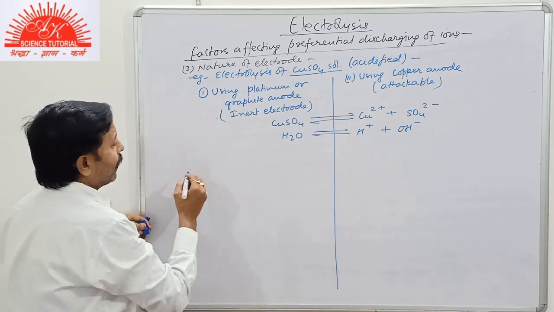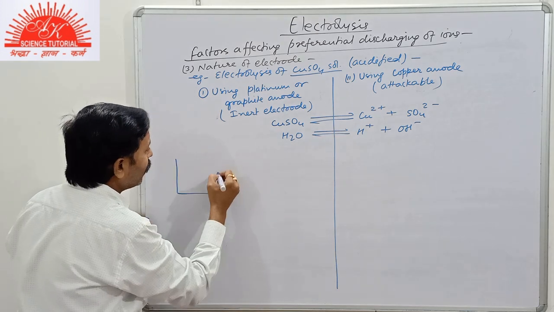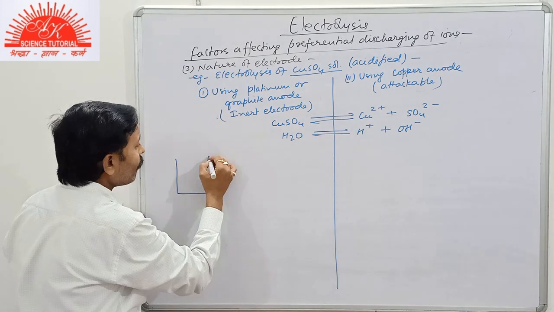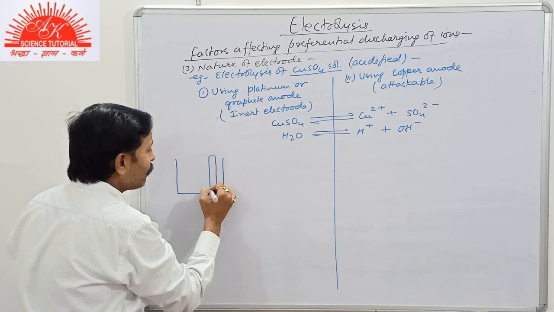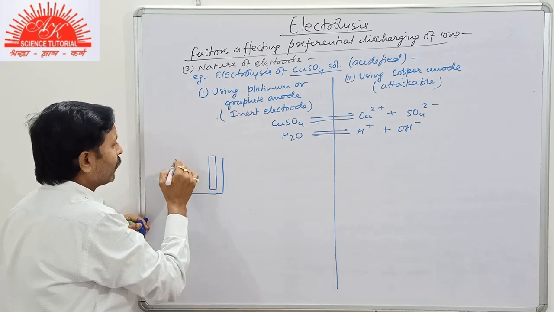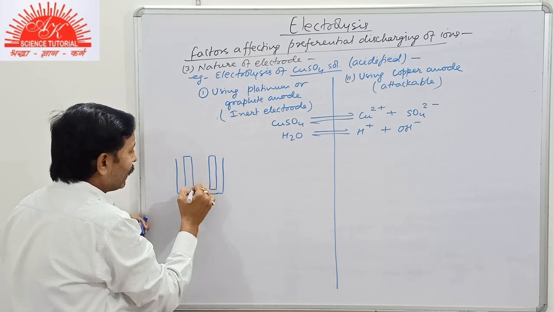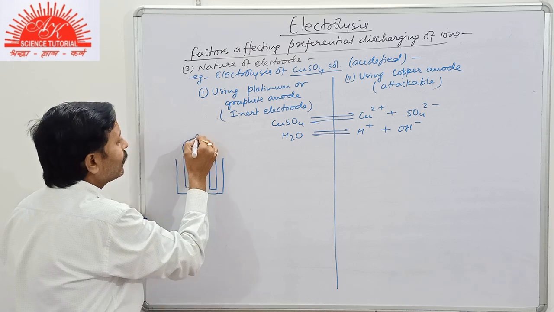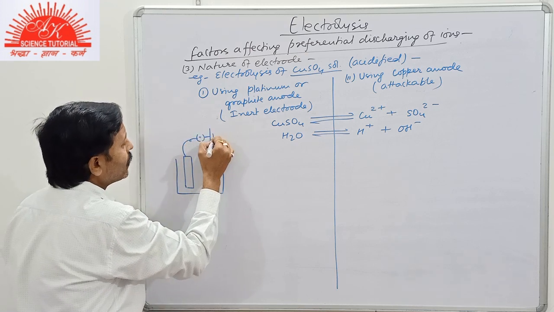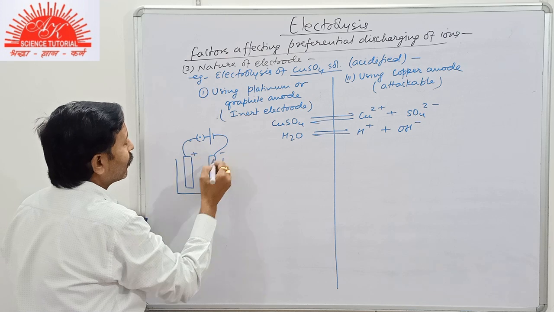Now suppose first part, we draw a small diagram for it. Cathode, the material of cathode does not matter here, but the material of the anode should be known to us as per requirement.